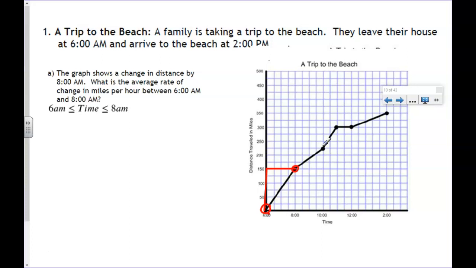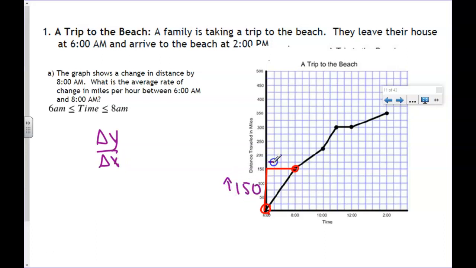So in this situation, we're trying to find what is the average rate of change in miles per hour between 6 a.m. to 8 a.m. So we're looking at whatever the change of y is over whatever the change of x is. So we are looking at what are we doing vertically over what we are doing horizontally. So it looks like we are going up 150.